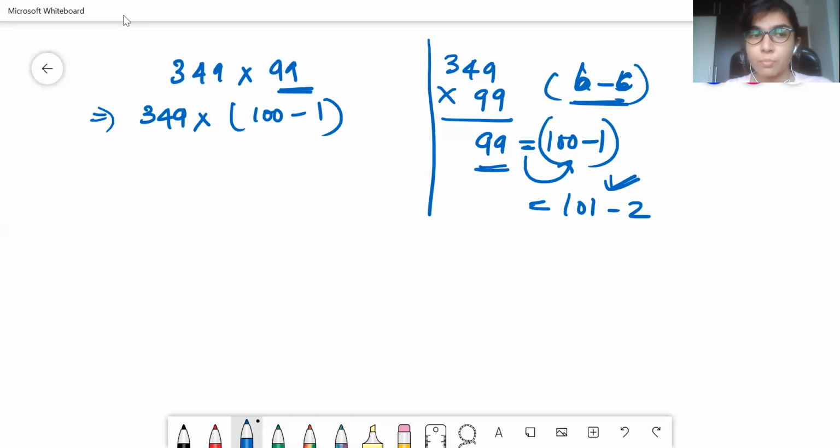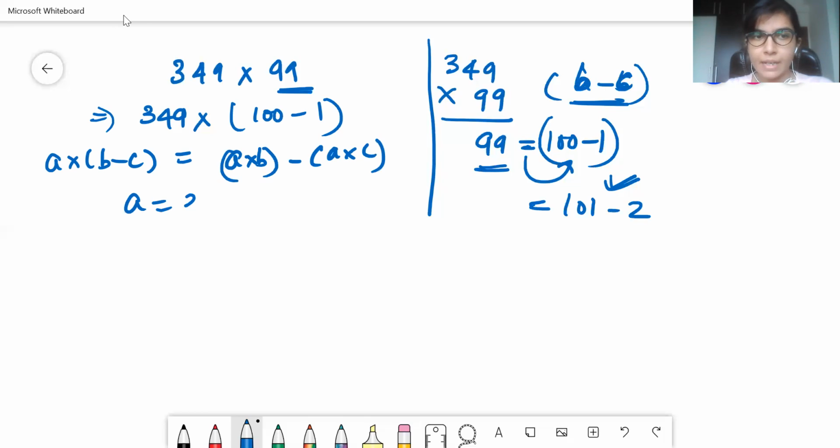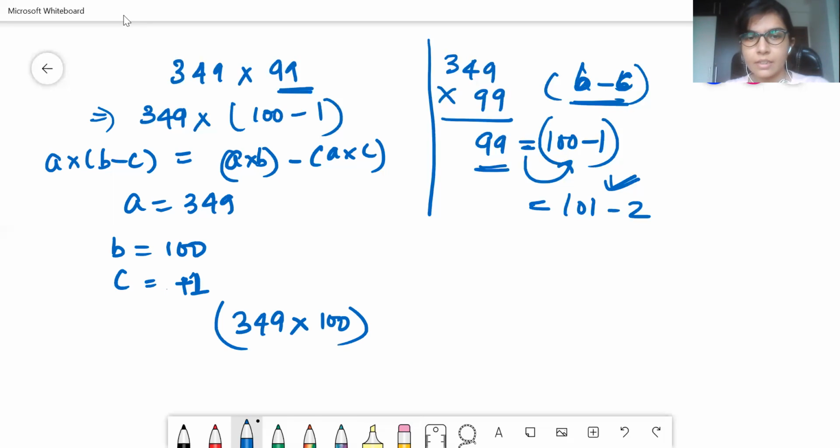What does distributive property say? A into B minus C is equal to A into B minus A into C. Now here my A is 349, my B is 100, my C is 1. So let's apply this. It would be 349 into 100 minus 349 into 1.